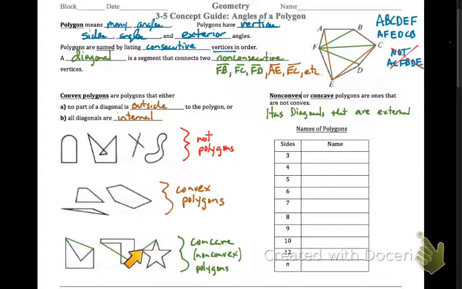Also, consider this. What is a cave? A cave goes inside. You may have heard these terms, convex and concave, related to lenses in science. But if you think of a bowl that you put cereal into, it is concave. It holds stuff. It goes inward. These are concave. It kind of goes inward. This goes inward. This goes inward.